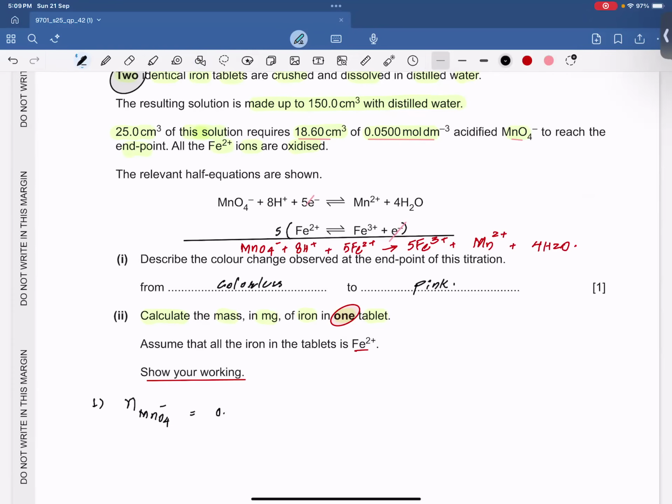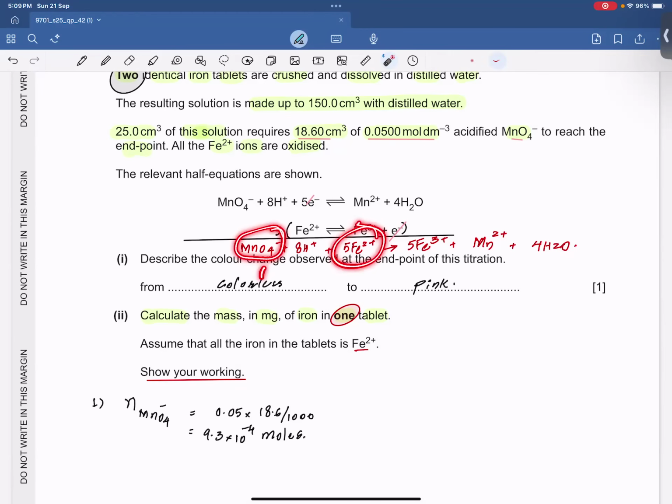So it's basically 0.05 times 18.6 divided by 1000, so I'm going to get 9.3 × 10⁻⁴ moles. Now we know the molar ratio between manganate ions and iron(II) ions is 1:5.